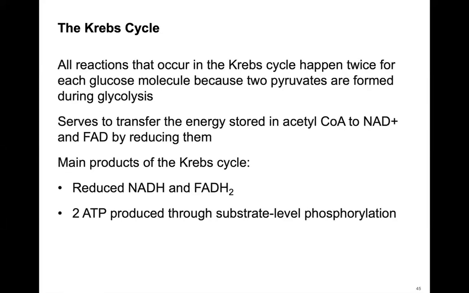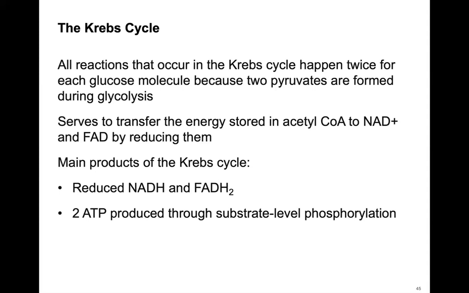So if we look at the Krebs cycle now, all reactions that occur on the Krebs cycle happen twice for each glucose molecule. The reason for this is because we have 2 pyruvates which are formed during glycolysis. This serves to transfer the energy stored in acetyl-CoA to NAD and FAD by reducing those molecules. Remember, again, NAD and FAD are electron carriers.